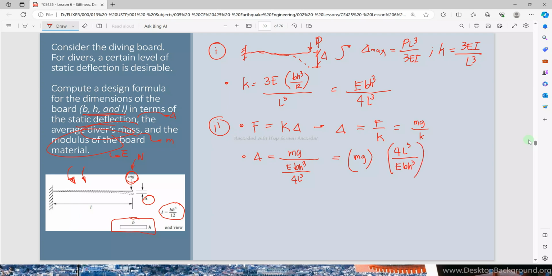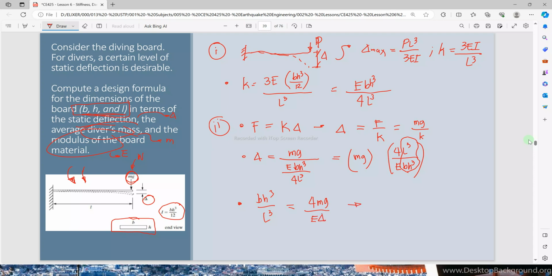The problem says that the base, height, and length should be in terms of deflection, mass, and modulus. So on the left side we should have the base, the height, and the length. So we'll have this equation: BH cube over L cube is equal to 4mg over E delta.